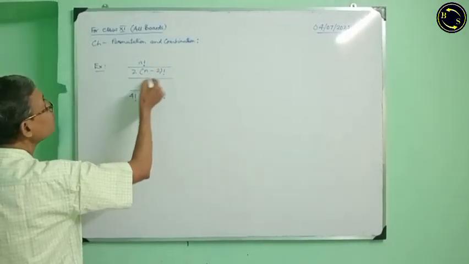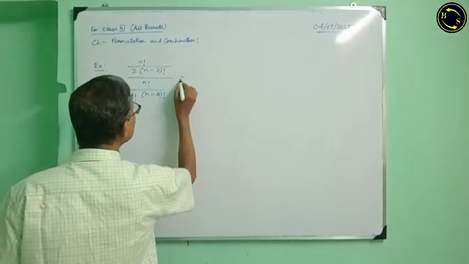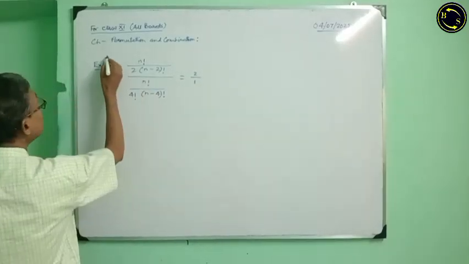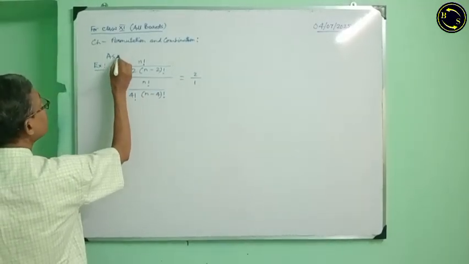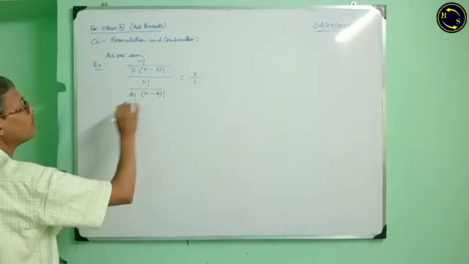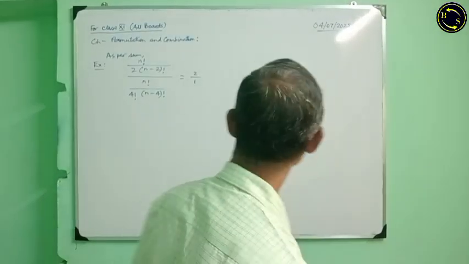Ratio of these two is 2:1, that means 2 by 1 as per sum. This we have to find the value of n.